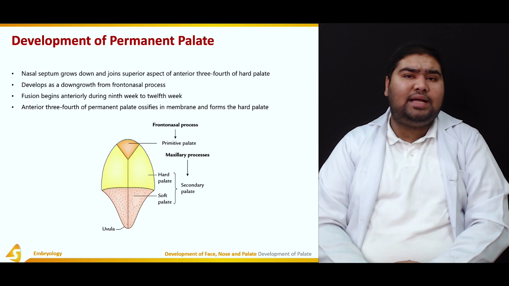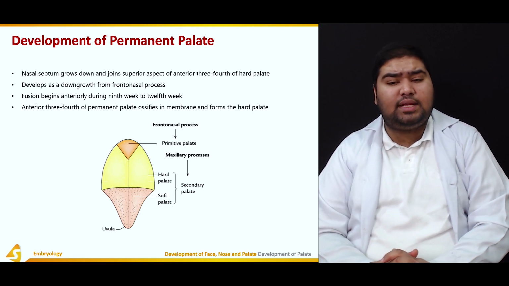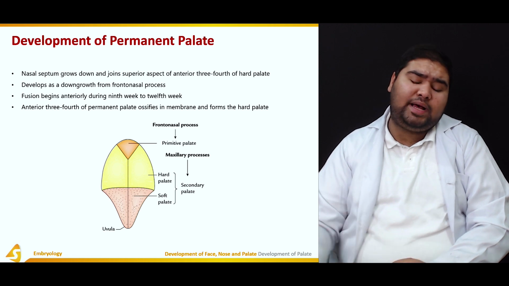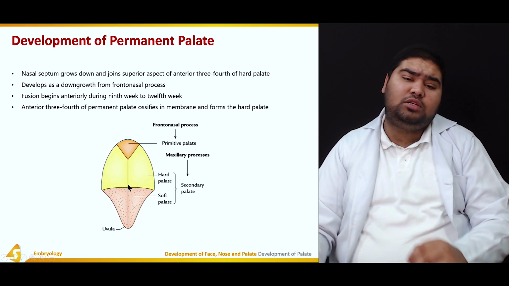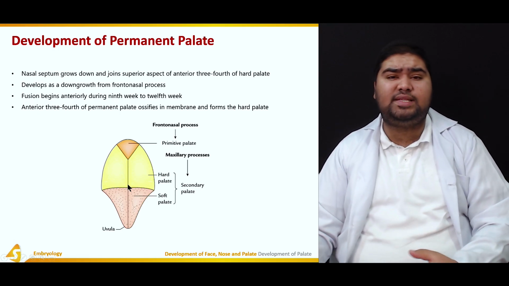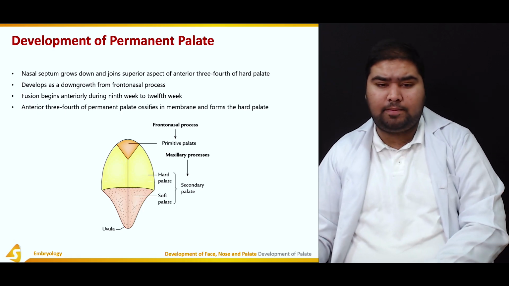As a result, the anterior 3/4 of the permanent palate now ossifies in membrane and forms the hard palate. So this portion, the anterior 2/3, undergoes ossification, and the ossification is aided by the frontonasal process.